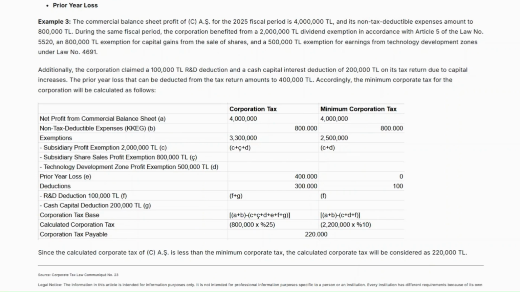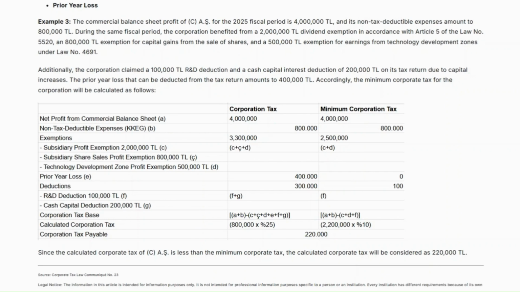This corporation also benefits from certain exemptions and deductions. For example, a real estate sale gain exemption of 4 million Turkish lira as the asset was transferred to a bank due to the debt to the bank, an R&D deduction of 2 million, and an investment deduction of 1 million carried over from previous periods.